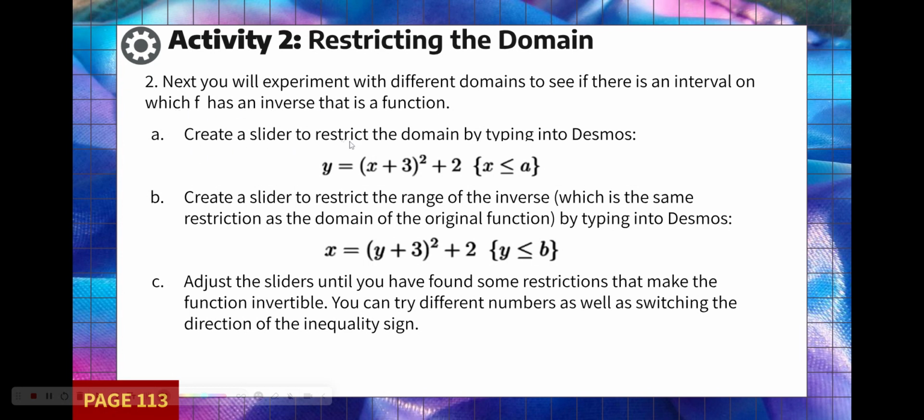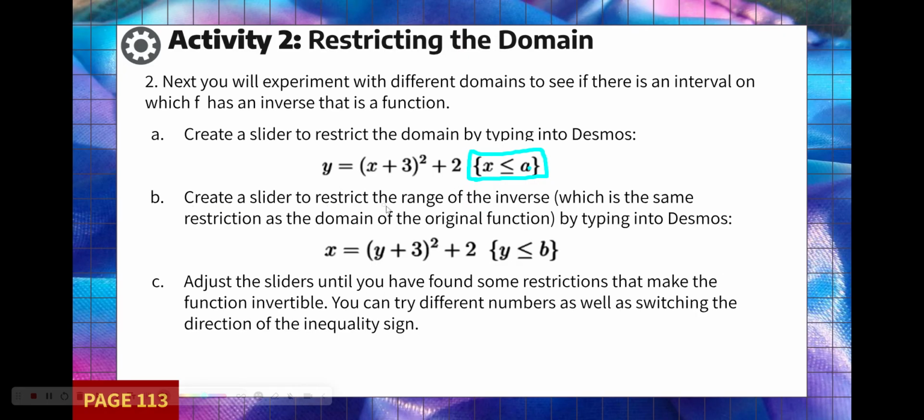Now, create a slider to restrict the domain by typing into Desmos. Now, what is a slider? Your restriction will turn to a slider. Later, I will make a video in Desmos doing this slider so you will understand how these things work.